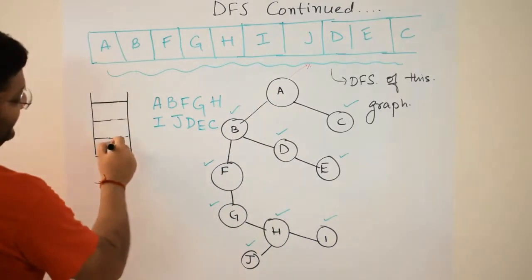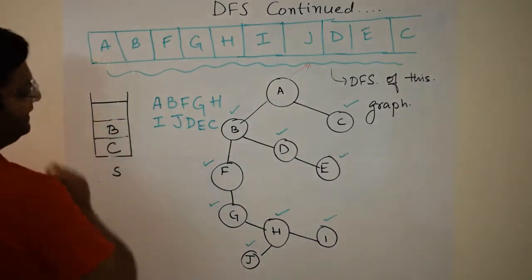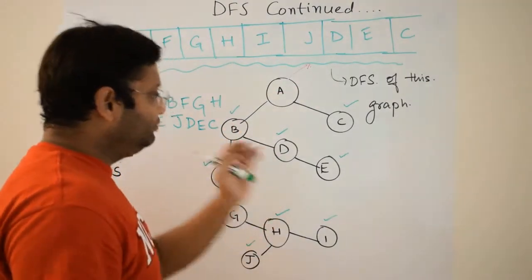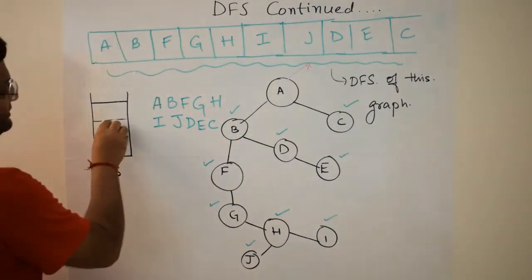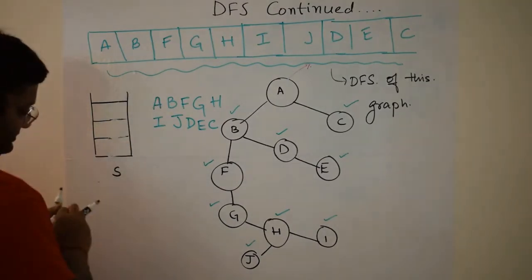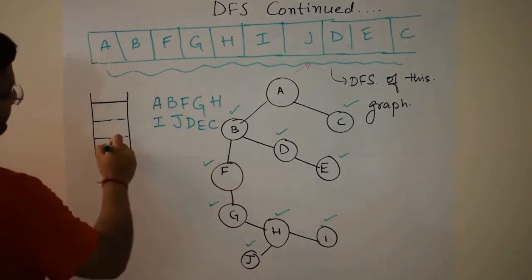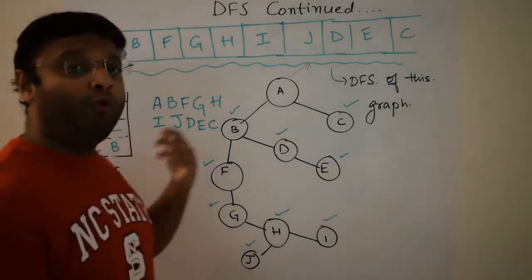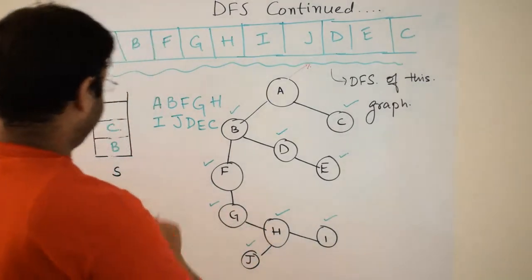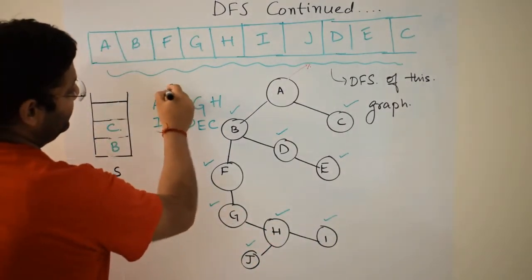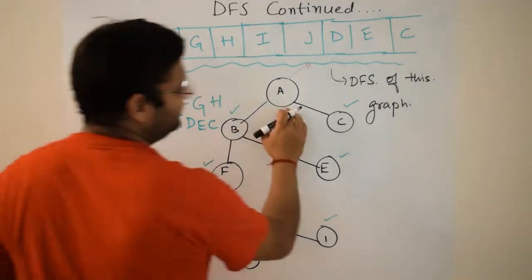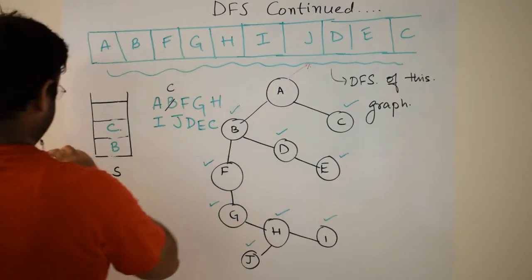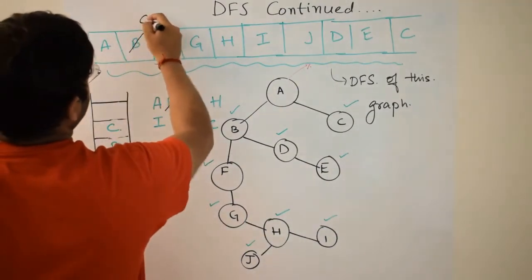We pushed C and then we pushed B. That's why we traversed through this path, right? But had I pushed first B and then C, in the next step I would have popped out not B but C, and I would have taken this path. Is it clear? So here, instead of B, it would have been C.